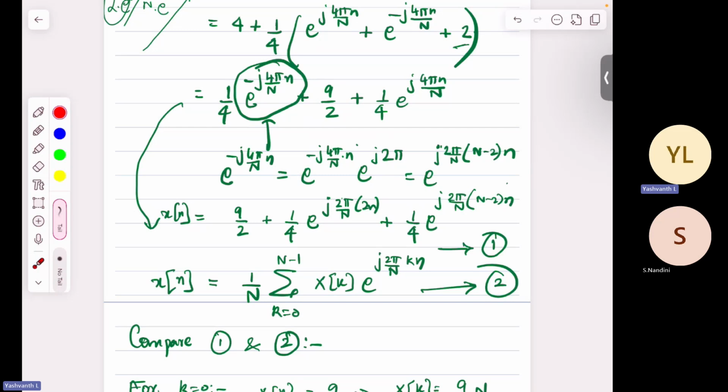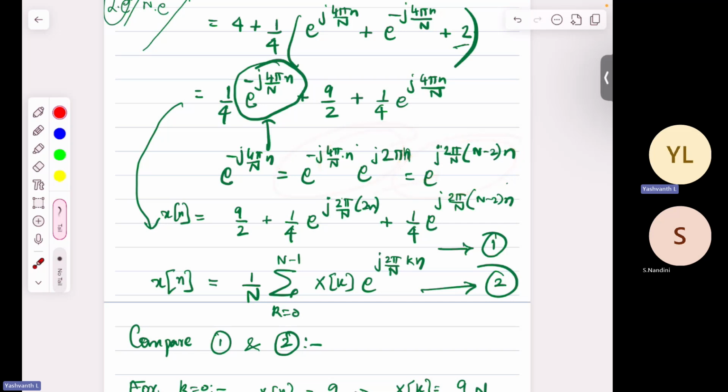For example, if you look at the first term here, it becomes 2 pi by N into N small n into j, where N cancels. I can put another small n here, there is no problem, because e power j 2 pi by N is also equal to 1 for any integer small n. So you can write this number as this.